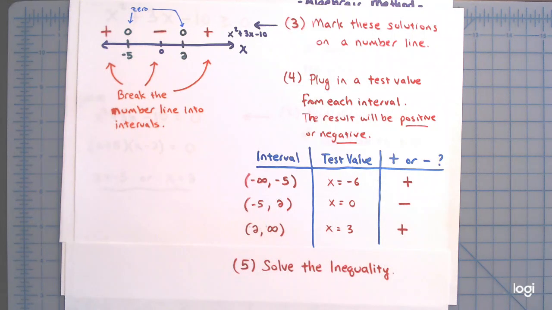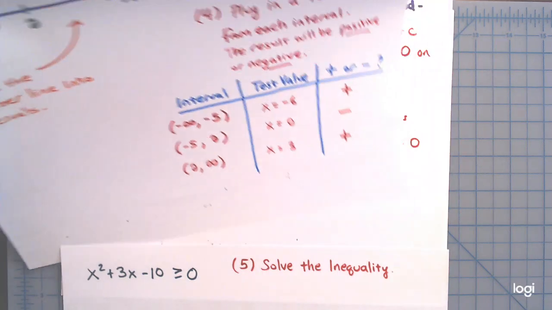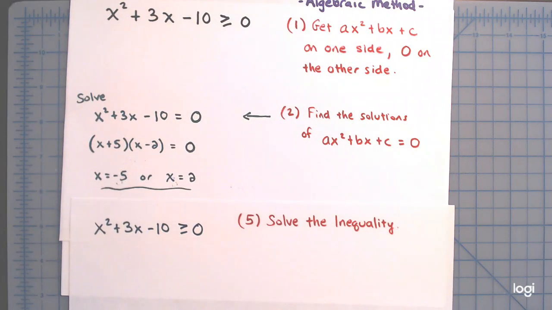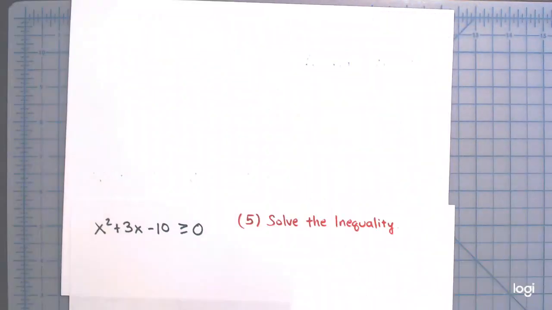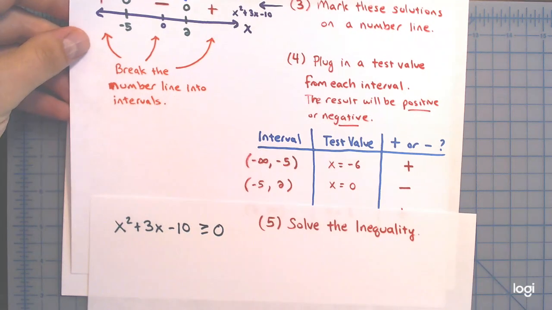Okay, so I'll write the inequality out again. We had x squared plus 3x minus 10, and we were asked, when is that greater than or equal to 0? Greater than or equal to 0 means I'm looking for when this expression is positive or 0.